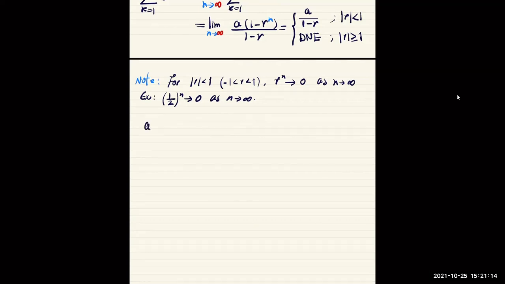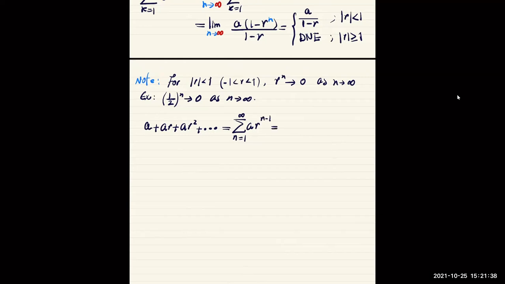Okay, so to summarize, if we have a series that's geometric, let me write it in series form, k going from 1 to infinity. By the way, I can call this n instead of k, n going from 1 to infinity of a times r to the power of n minus 1.